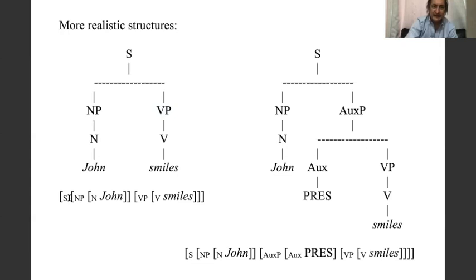Okay, and the NP itself dominates a noun, and that noun dominates John. The NP itself dominates a noun, which itself dominates John. And similarly for the VP. The VP here dominates the verb, which itself dominates smiles.